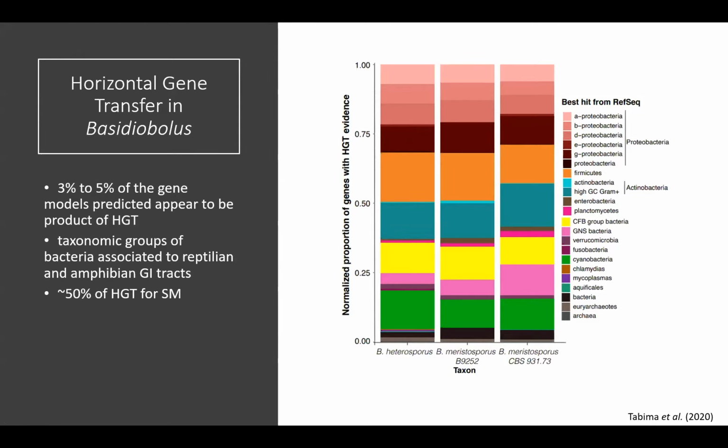So it's very likely that this intimate interaction where genes can be transferred is happening in the GI tract of the host. And while you can't see it in this figure, other analyses of these genes have shown that approximately 50% of all of these horizontal genes encode for some sort of secondary metabolite product, leading to the conclusion that there's some sort of selection pressure for Basidiobolus to be producing all these secondary metabolites.